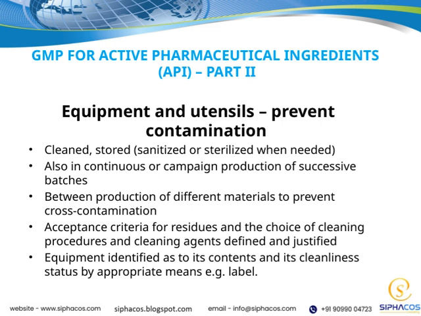Additionally, equipment should be clearly identified, either through labels or other appropriate means, so everyone knows what's inside and the cleanliness status. This helps maintain traceability and ensures compliance with good manufacturing practices for active pharmaceutical ingredients. Keeping these practices in mind helps us uphold product quality and safety throughout the manufacturing process.